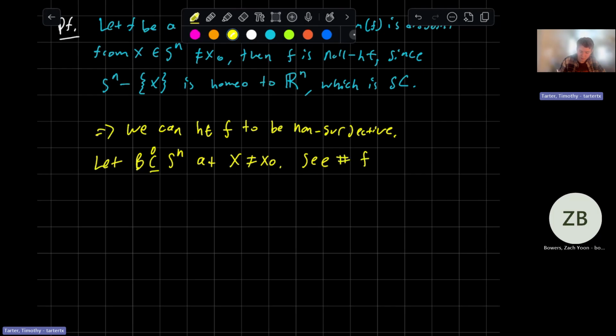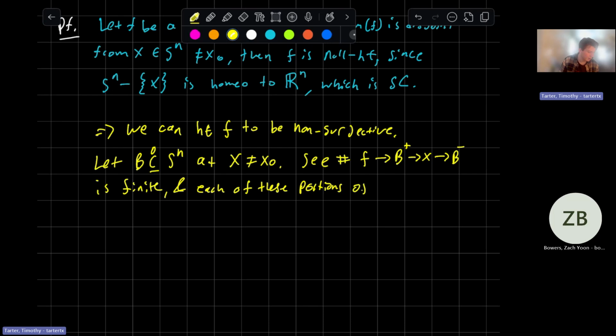Count the number of times f enters B, goes through x, and leaves B. That number is finite, and each of these portions of f can be pushed off x without changing the rest of f.